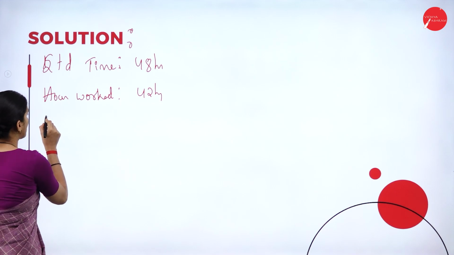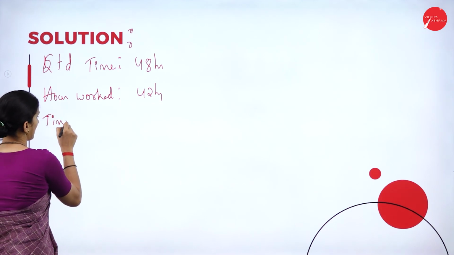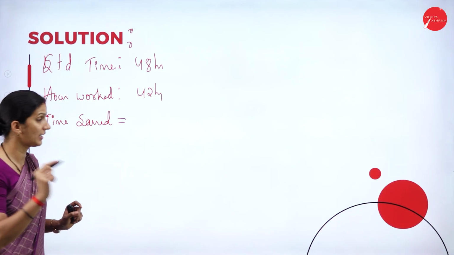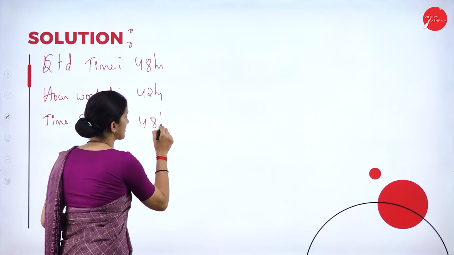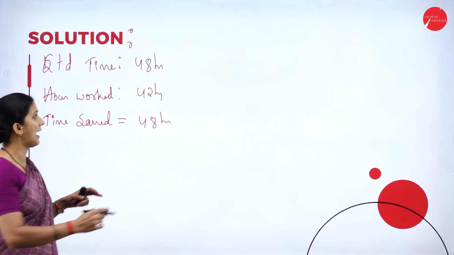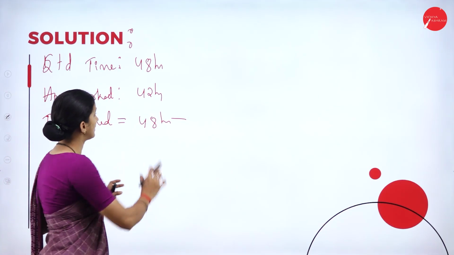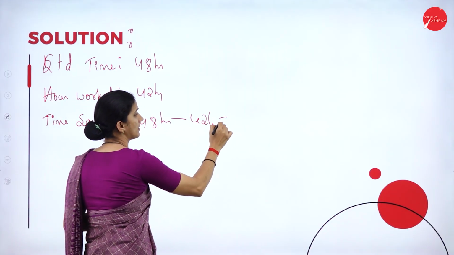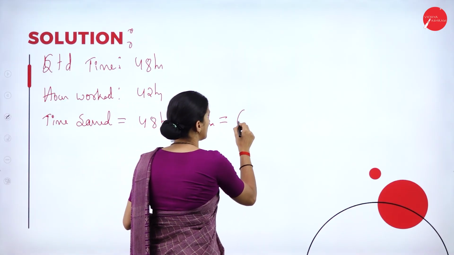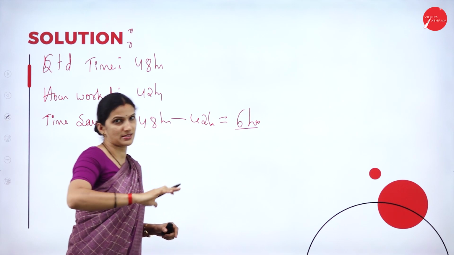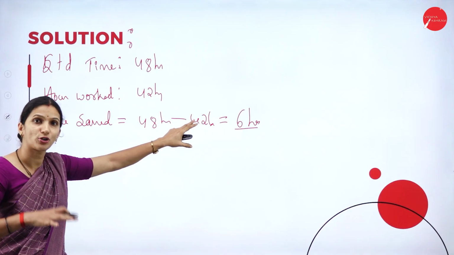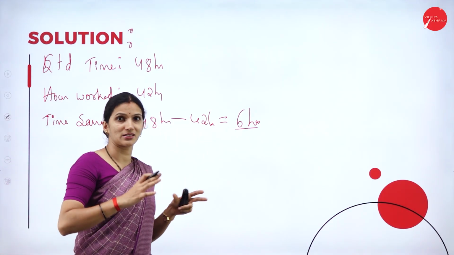Now you need to calculate the time saved. The factory or organization has fixed 48 hours as the standard time. That means they have to finish the task within 48 hours, and the actual hours taken by the employee is 42 hours. So what is the time saved here? 48 minus 42 is 6 hours, that is the time saved. They have given 48 hours to complete the task, and they completed it in 42 hours. So the remaining 6 hours is the time saved.